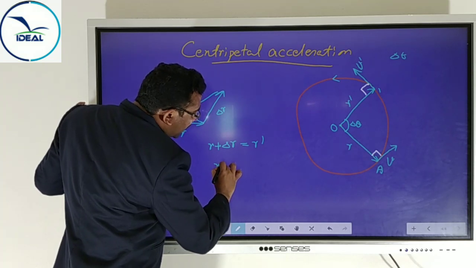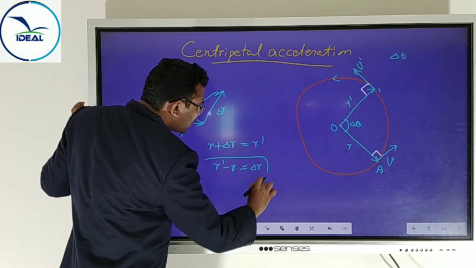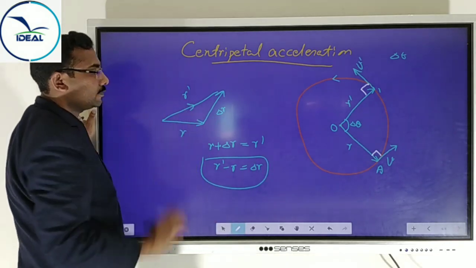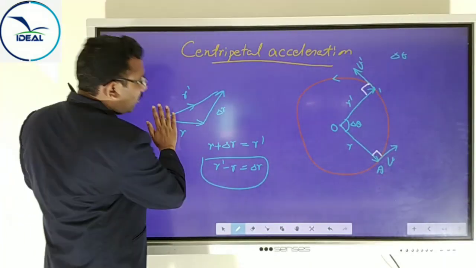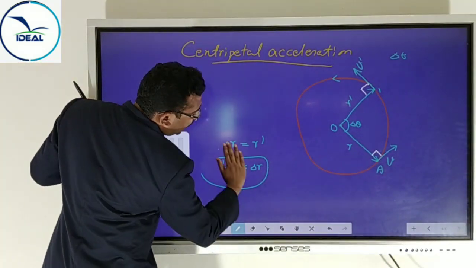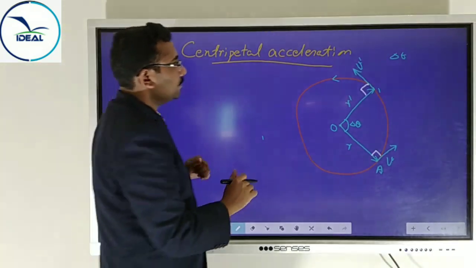Or r dash minus r is equal to delta r. Change in position vector is delta r. Keep in your mind, I will derive the equation of centripetal acceleration. Okay.